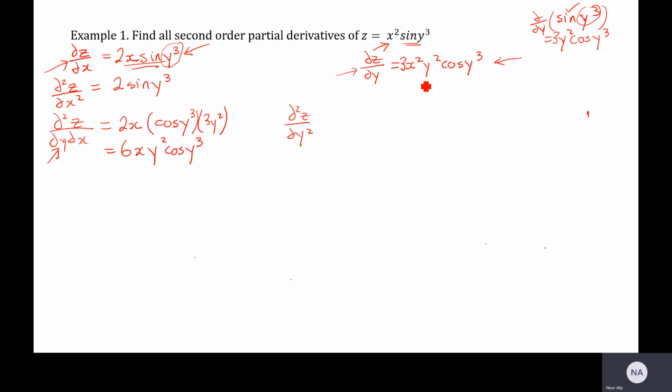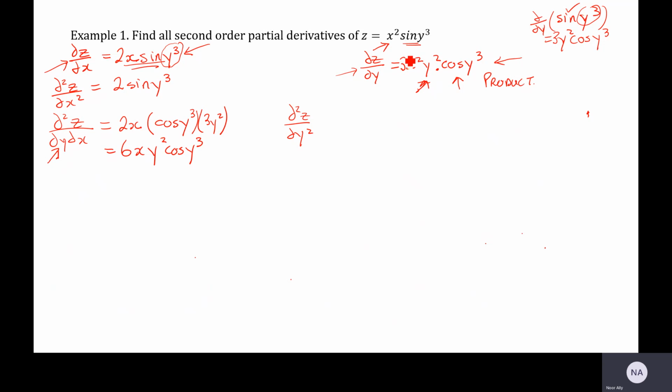But notice there's a y squared and there's a cos y cubed, and they are multiplied, which means I must use the product rule. And now you bracket in such a way that you can use the product rule easily.